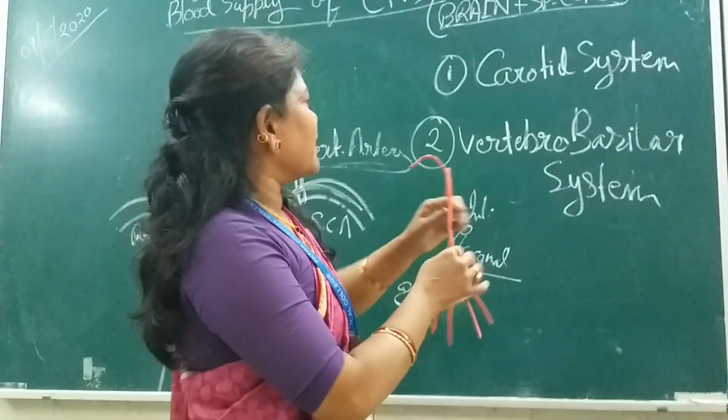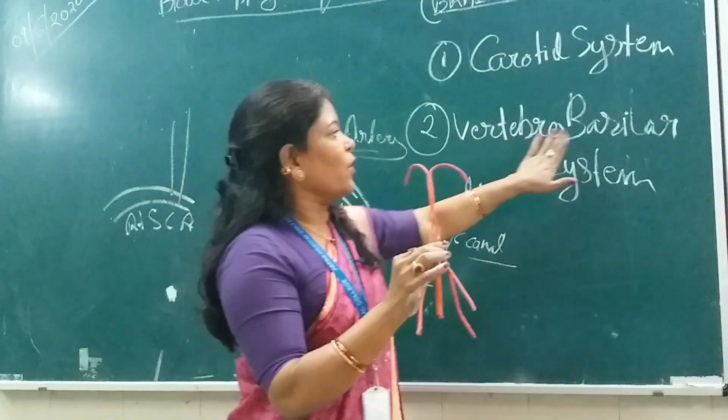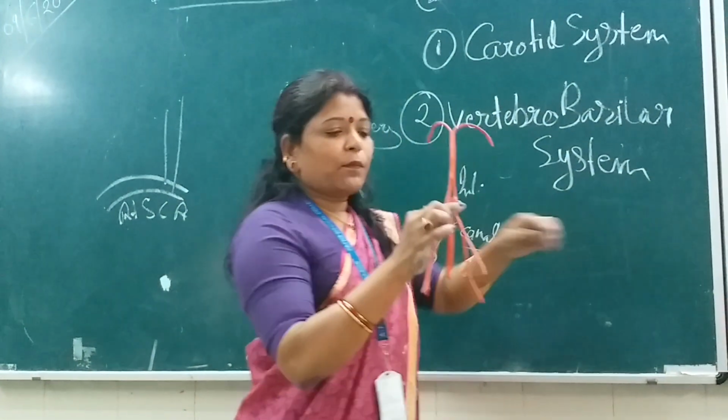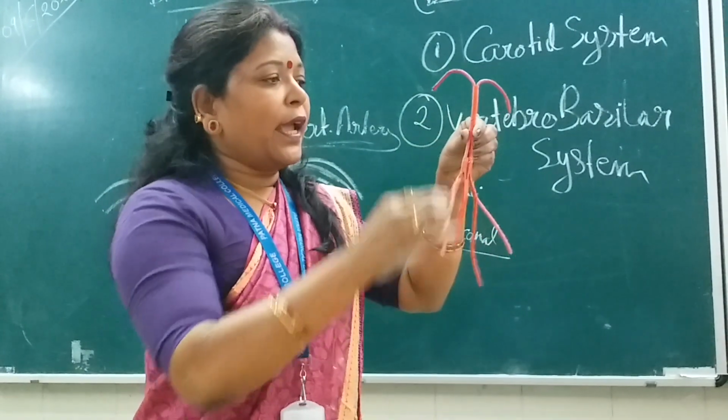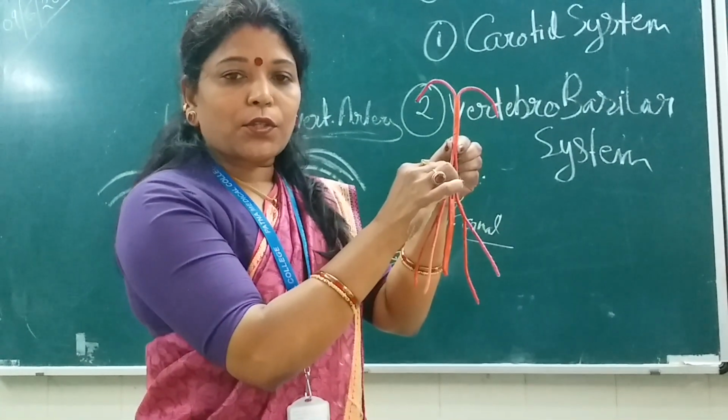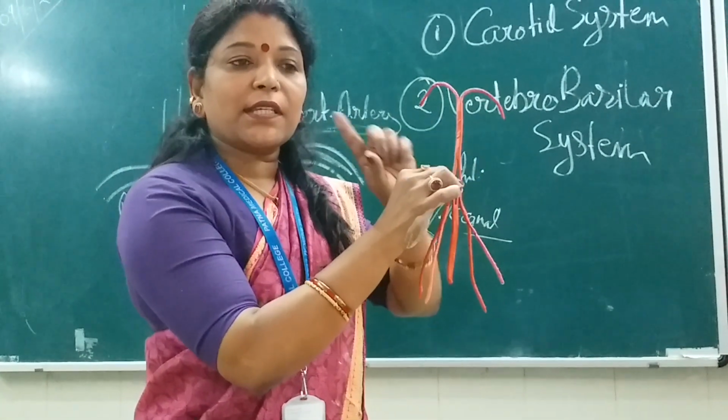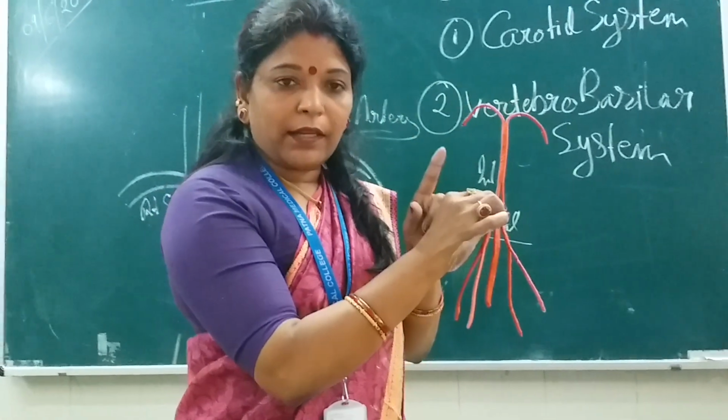That's why the second system is known as the vertebro-basilar system. That means there is a vertebral artery as well as a basilar artery, which participate in the blood supply of the central nervous system.